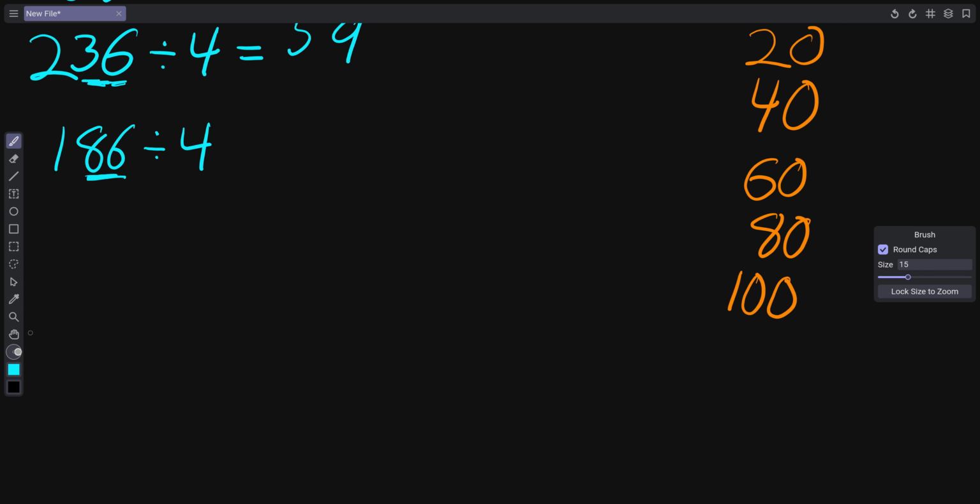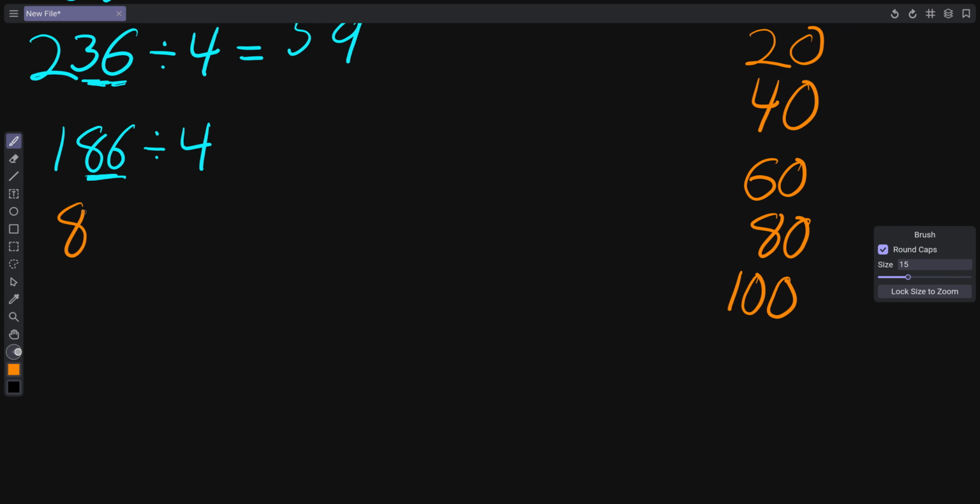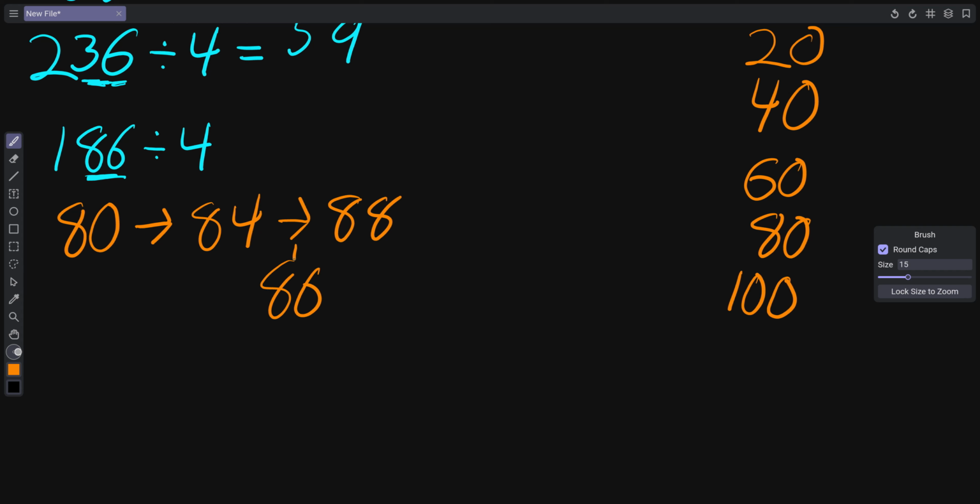So 86, that's very close to 80. So we'll start with 80 because that is the increment of 20 that it is closest to. And we'll try counting up by 4. So 80 becomes 84, and then it becomes 88. And you can actually see 86 would fall in between these values.